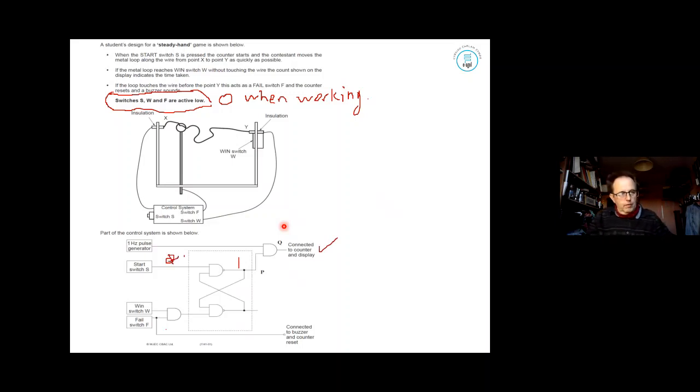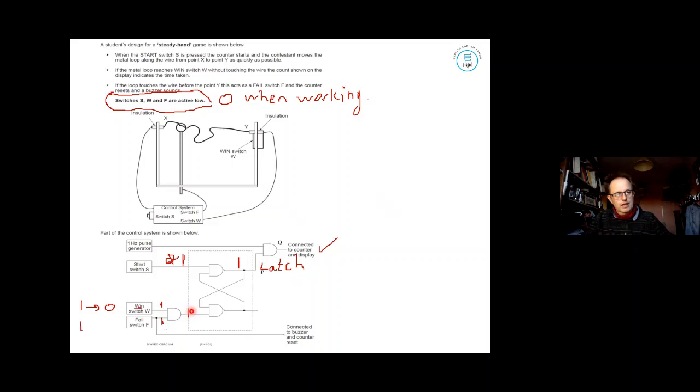Looking at the diagram we've got on the bottom here, the first thing that springs to mind is that it is a not S, not R latch. So a 0 coming into it will give me a 1. Looking at the gates on the bottom here, we've got two 1s. Two 1s will give you a 1.